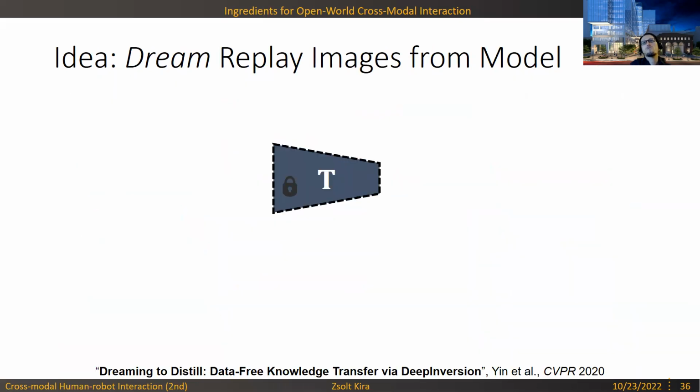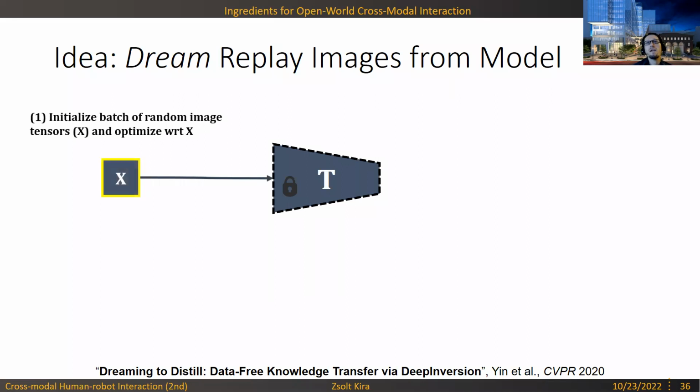Okay. And so one of the key interesting ways that we've done this, and this is something that was originally developed by other people at UIUC and other places in 2020, is this deep dreaming idea. That is, we want to essentially take a discriminative model and somehow generate data from that.